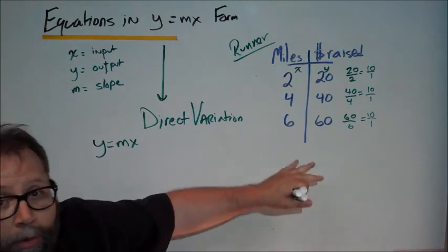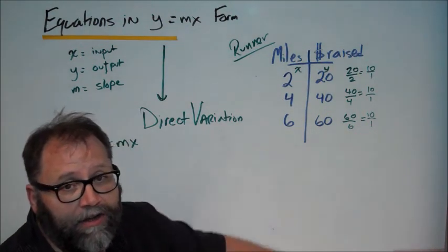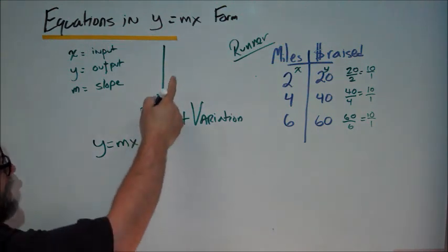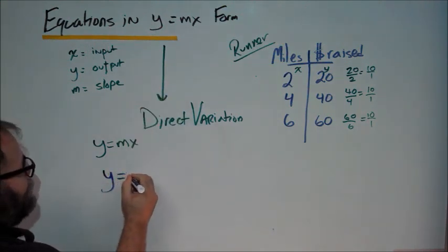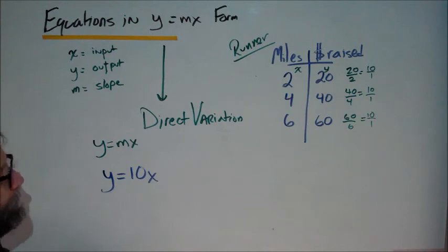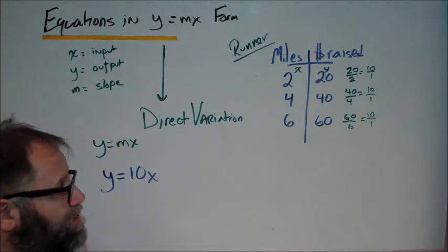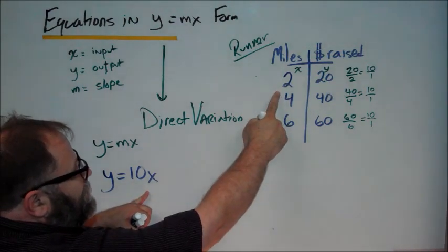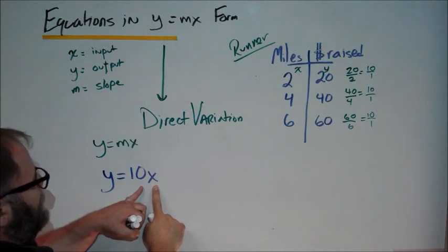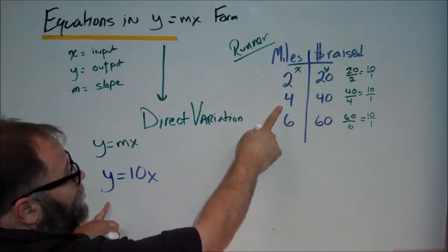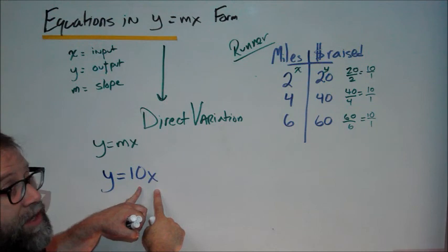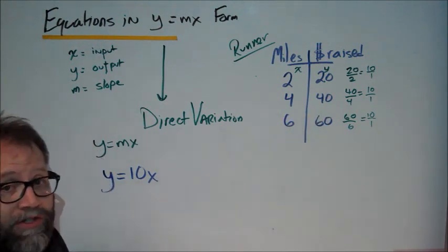Our constant of proportionality here is 10. So we could write this equation as y equals 10x. Just to connect these two together, whatever x is, if I put 2 in for x, I get an output that's 20. If I put 4 in for x, I get an output that's 40. So on and so forth.